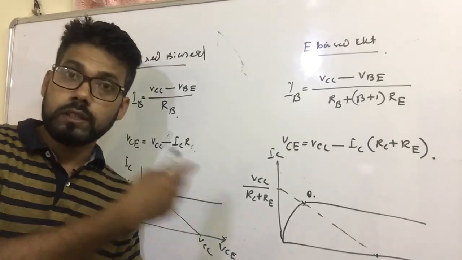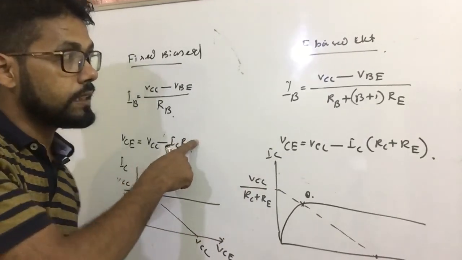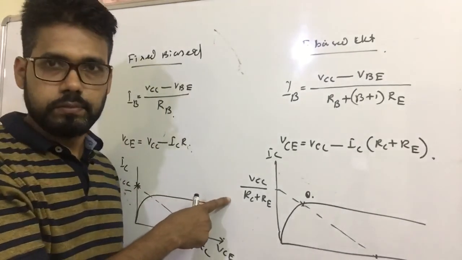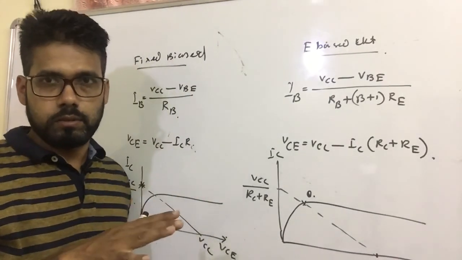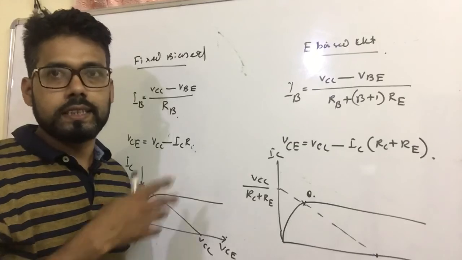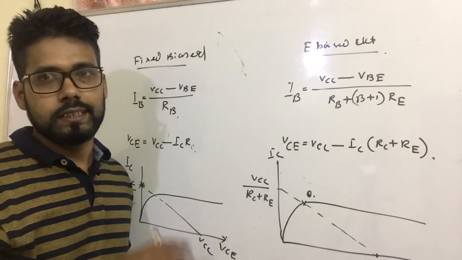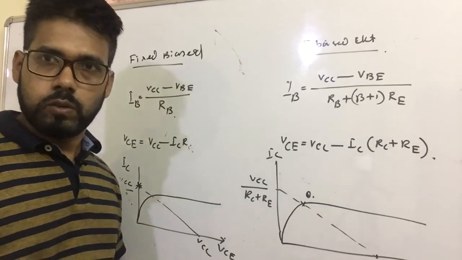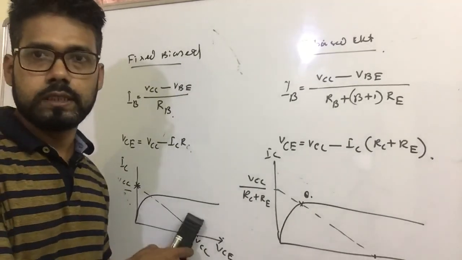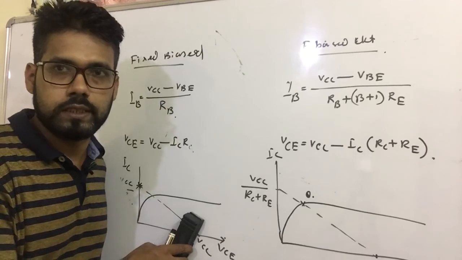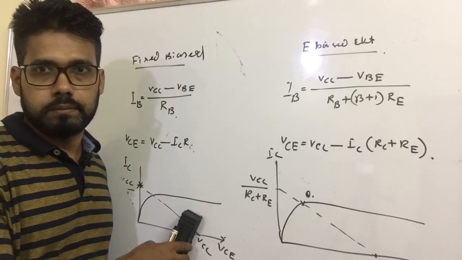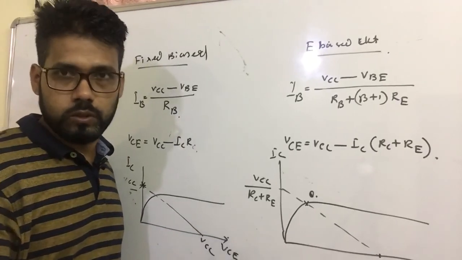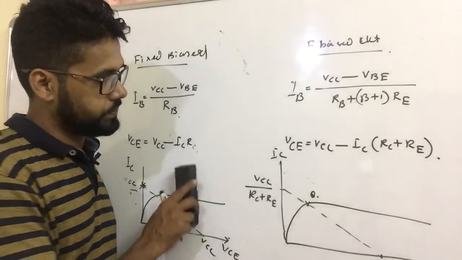Okay, and beyond this, the calculation looks complicated for you, I think, but once I start the hybrid parameter model, this analysis will be very easy. And after that I will discuss some numerical problems with which you can easily understand the stability analysis, why it is so essential.